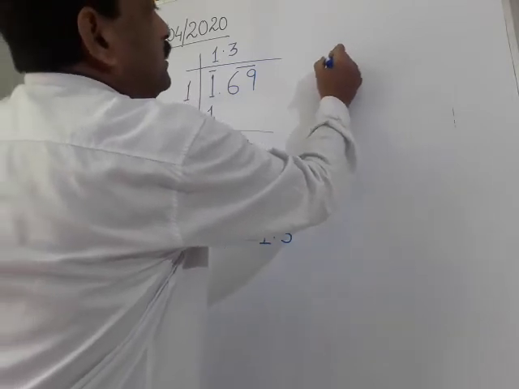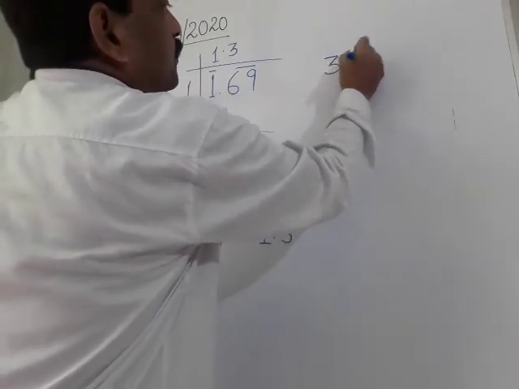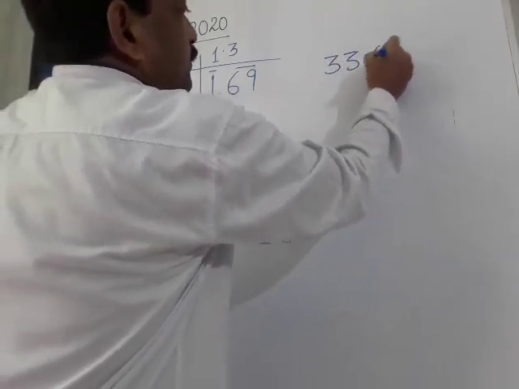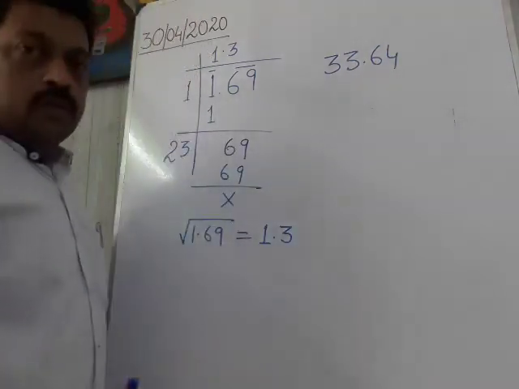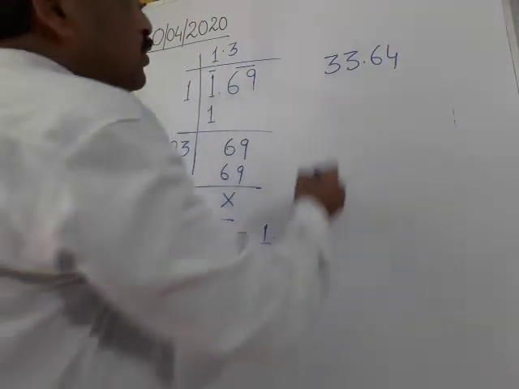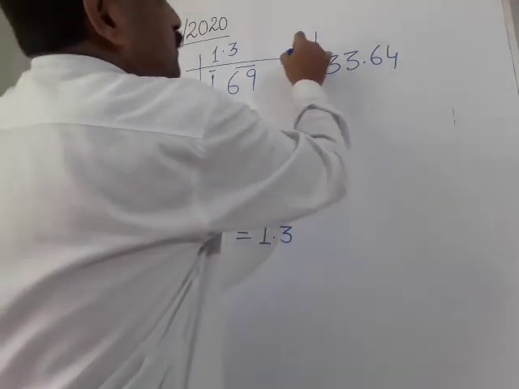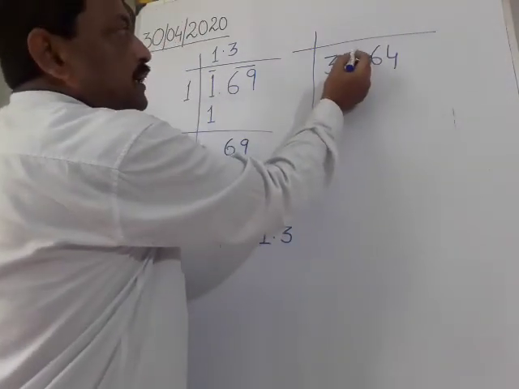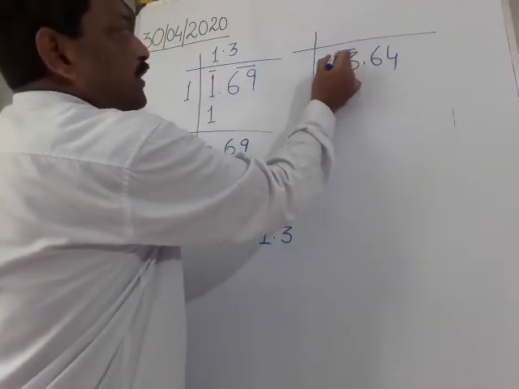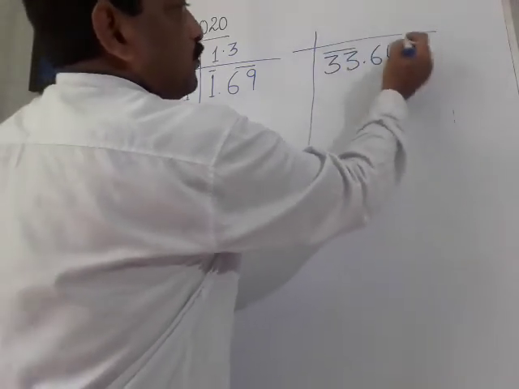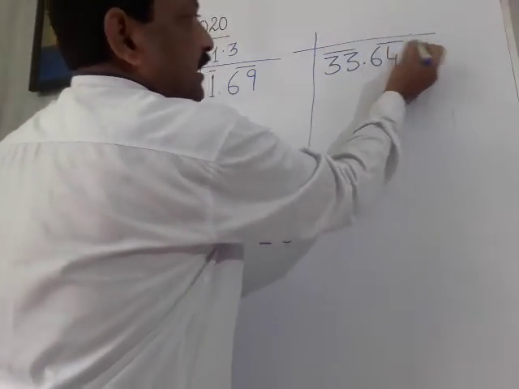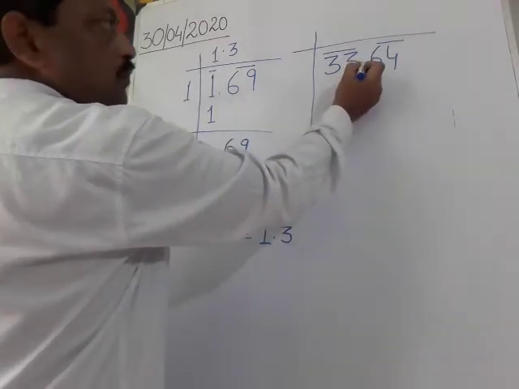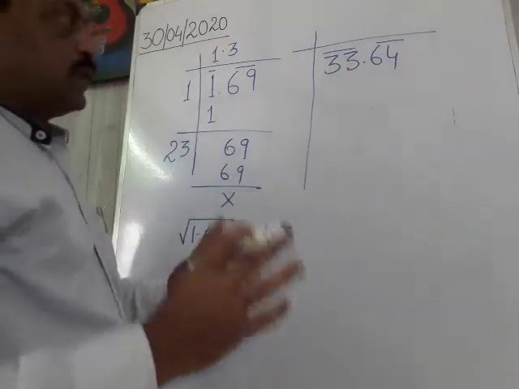Suppose 33.64. So here also we have to do the grouping first. For the integral part, we have to move from right to left. For the decimal part, we have to move from left to right, like this. We have to start the grouping from the decimal, both sides.